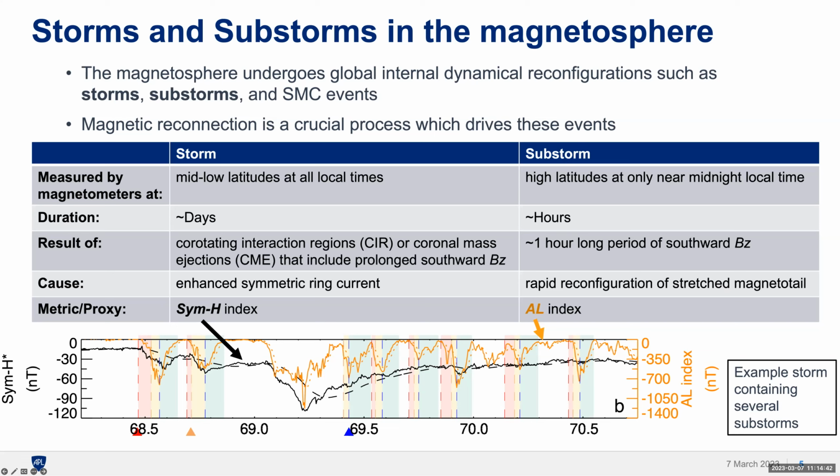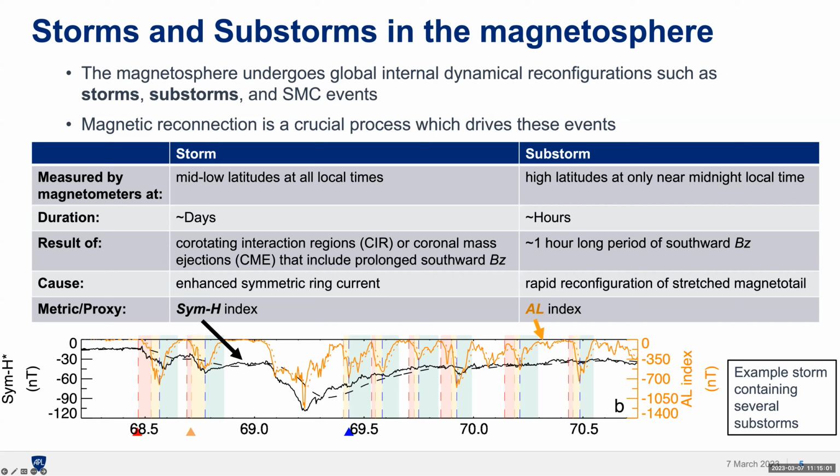What I'm showing here are distinct phases of these different substorms embedded within this storm. It is important to note that storms and substorms occur concurrently, and often in the same spatial regions.